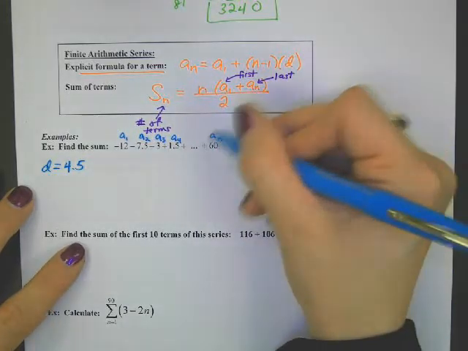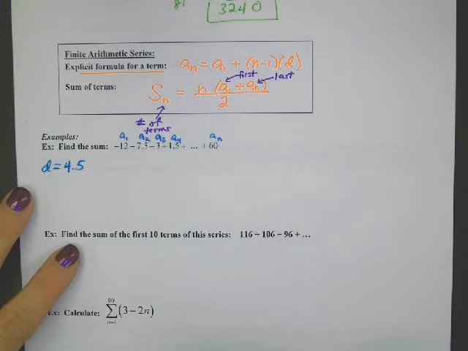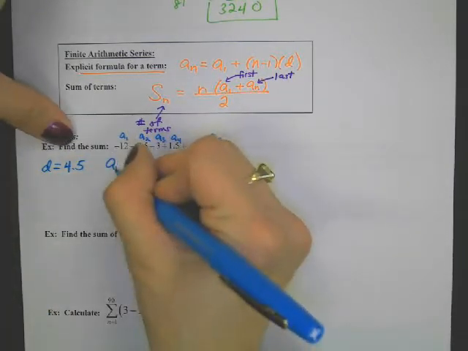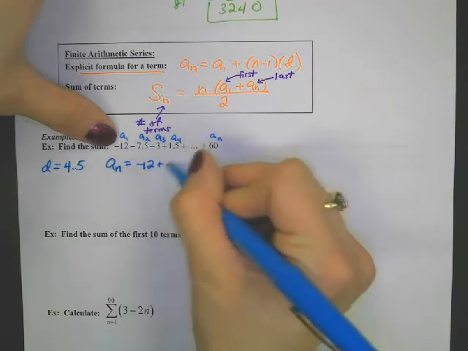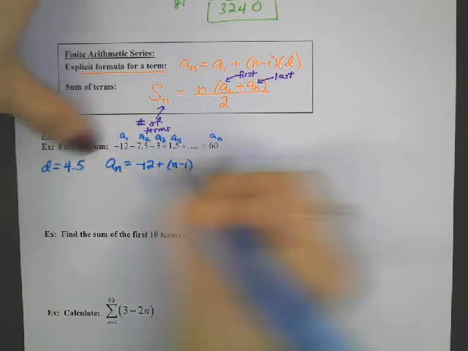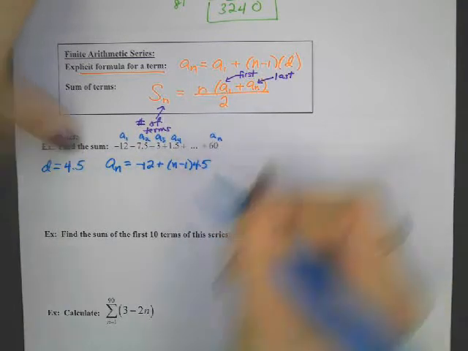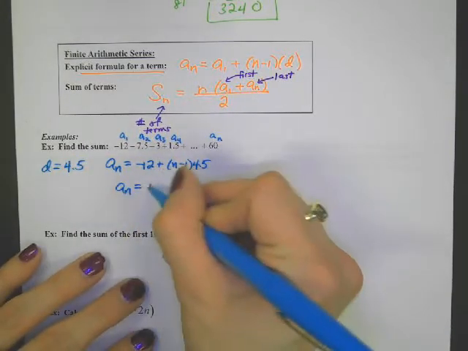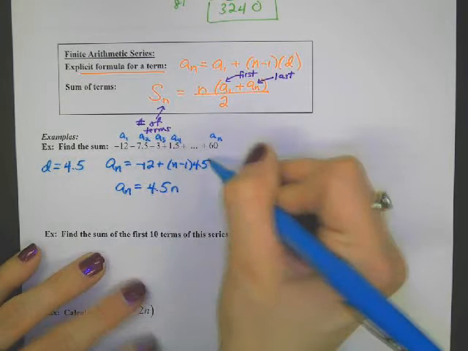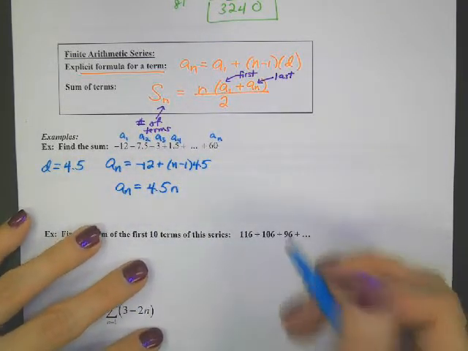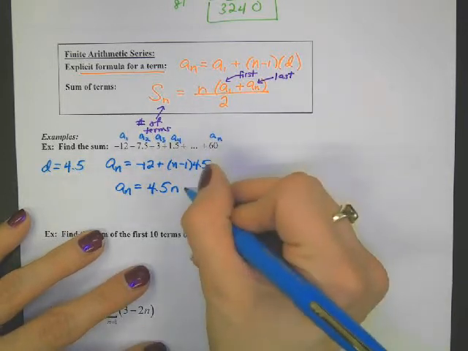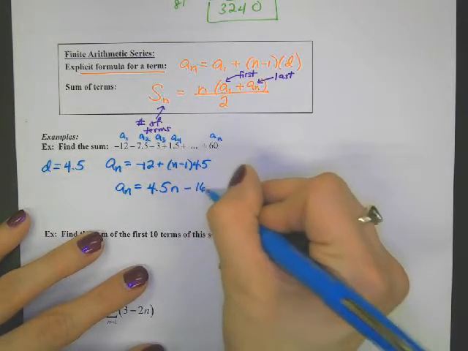So it seems like I might have to do an a sub n formula. For an a sub n formula, you need the first term, which I know is negative 12, plus n minus 1 times d, which is 4.5. So let's go ahead and clean this up. 4.5n, what's negative 12 minus 4.5? That's going to be negative 16.5.